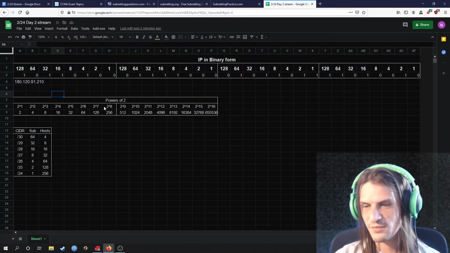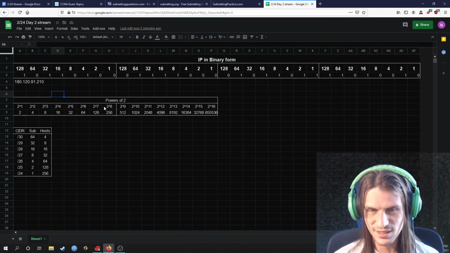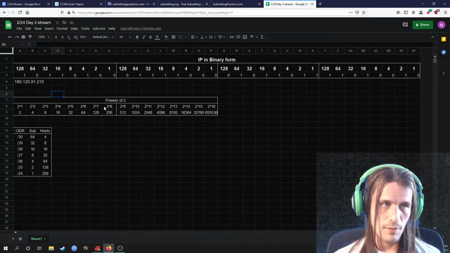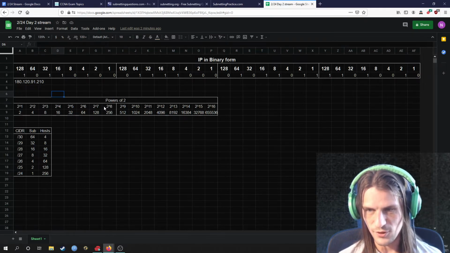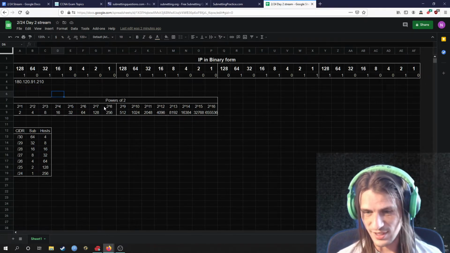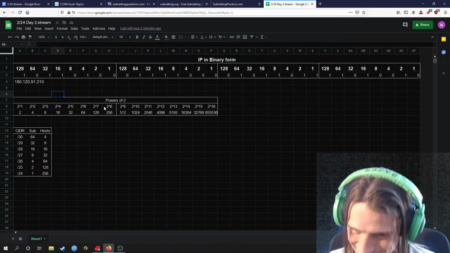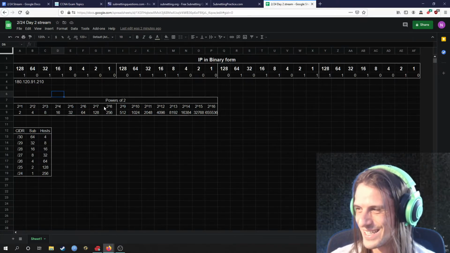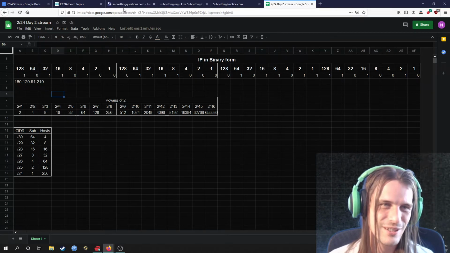So some of this stuff you just have to drill into your mind. This means this, this means this. An octet can represent any number within a dotted decimal, right? You need to learn it.